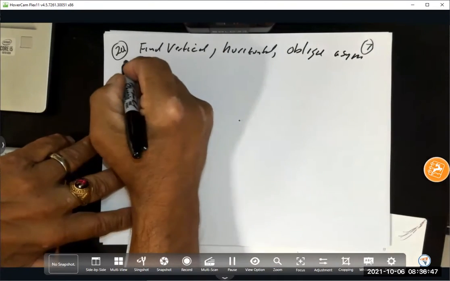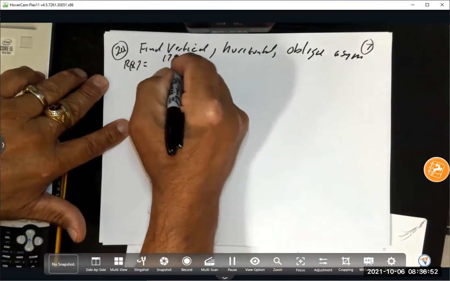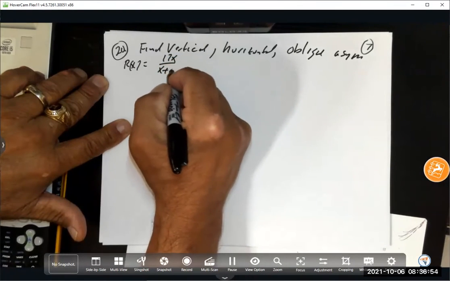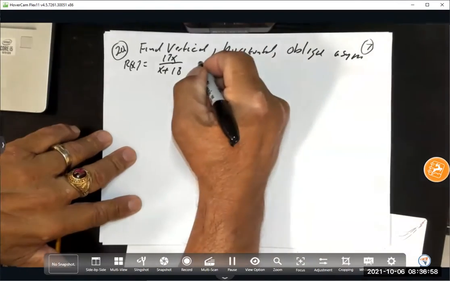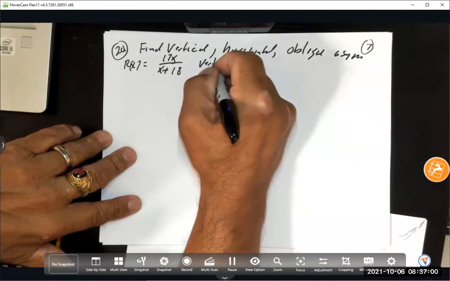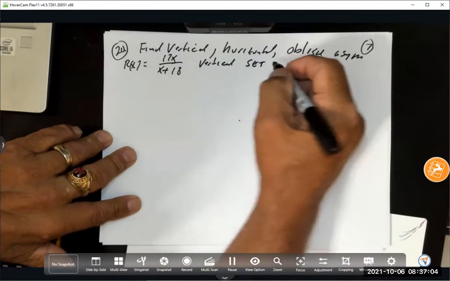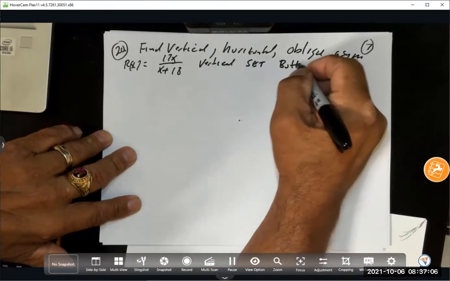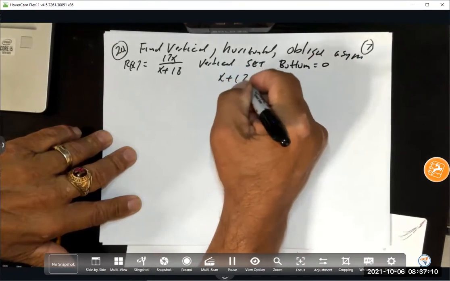All right, so then that gives you a formula: 17x over x plus 18. All right, to find the vertical, you set the bottom equal to 0. So the bottom part is x plus 18 equals 0.